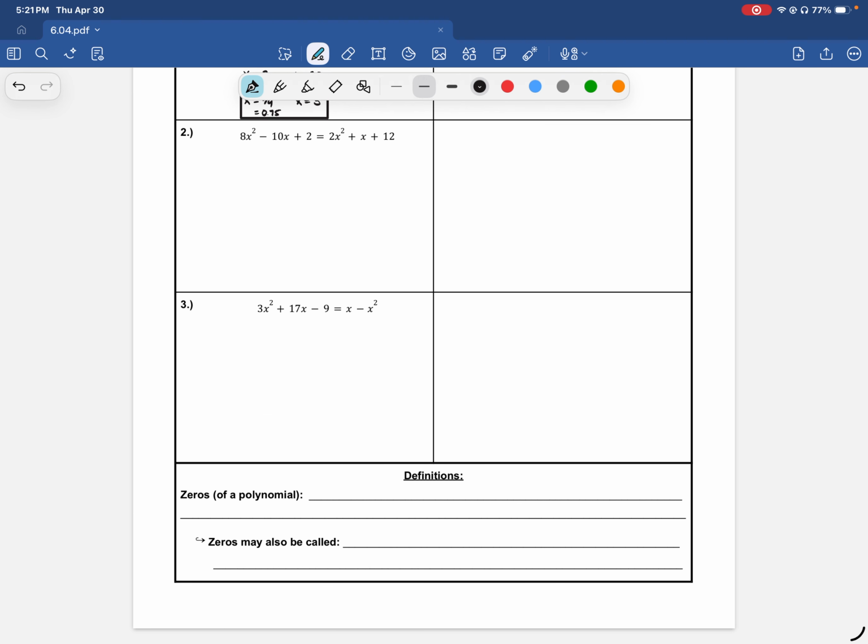The zeros of a polynomial are just the solutions to the equation when it equals 0. And zeros can also be called your roots, your x-intercepts, or your solutions. Those 4 terms are used interchangeably: zeros, roots, x-intercepts, and solutions.